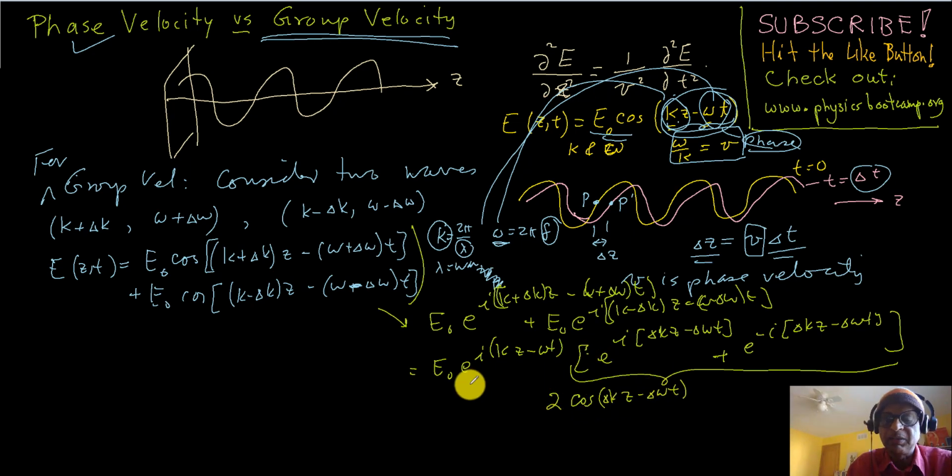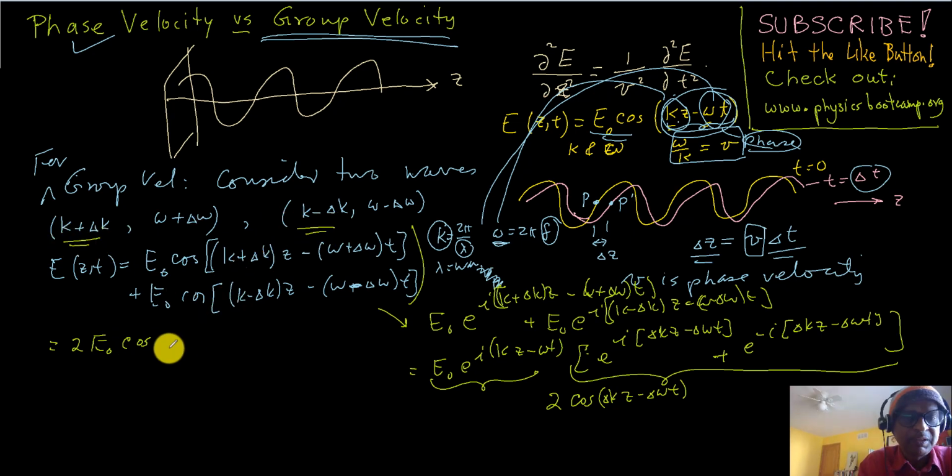So this is the oscillating part and this is the modulating part. If you write this out and take the real part of the whole thing, it is 2 E0 cosine (kz minus omega t) times cosine (delta k z minus delta omega t), where k and omega are the average of the two.